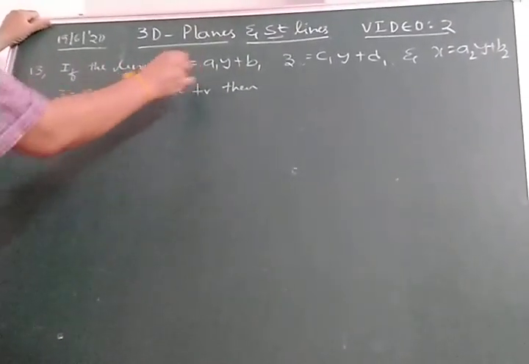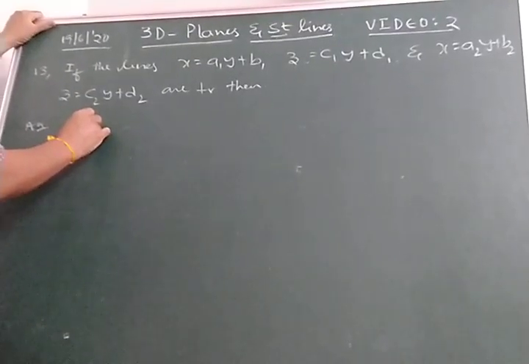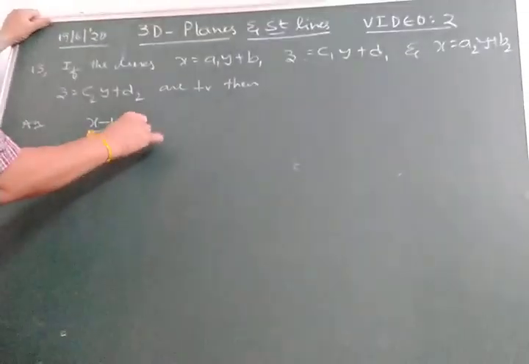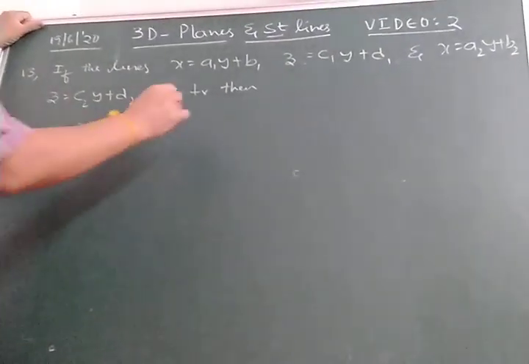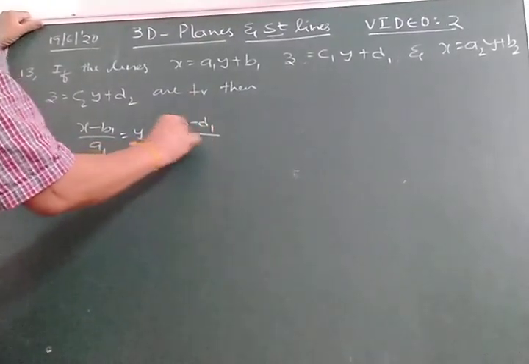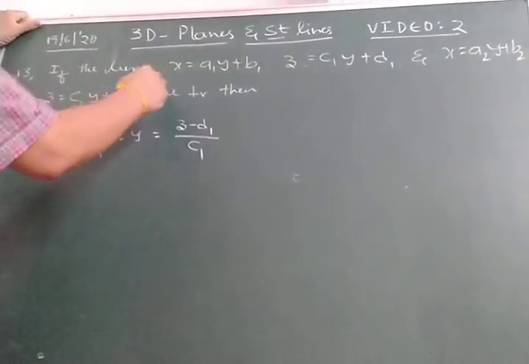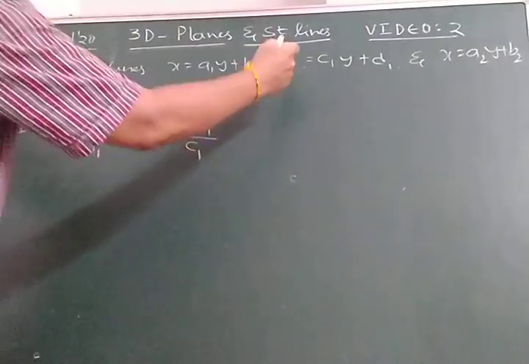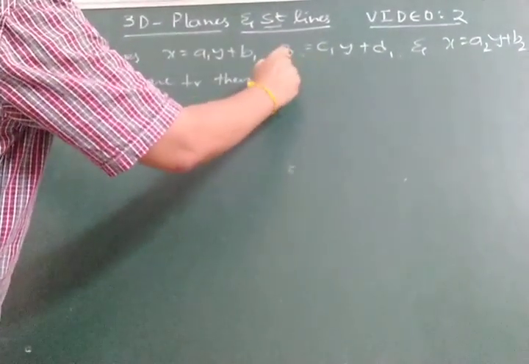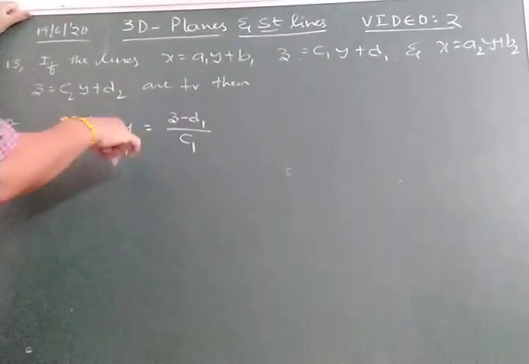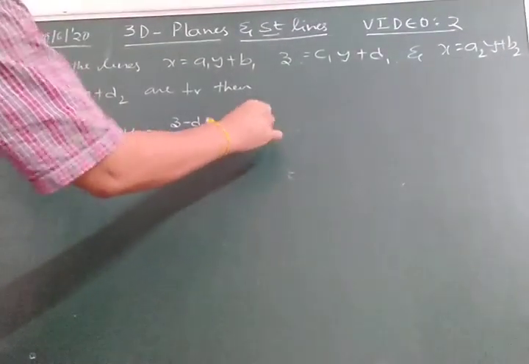So the first equation can be written as (x minus b1) by a1 is equal to y, that is equal to (z minus d1) by c1. This is equation number 1.